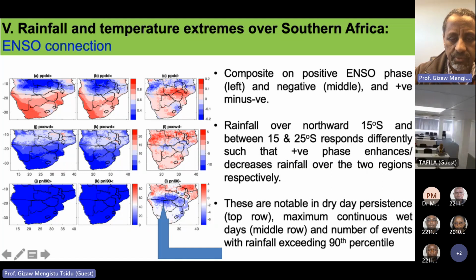Is it because of local factors such as vegetation cover, water bodies available in the region, or the topography? There are many factors that play into the climate, apart from the sea surface temperature. ENSO is about change in the sea surface temperature in the Pacific, right? And you can see also the precipitation.